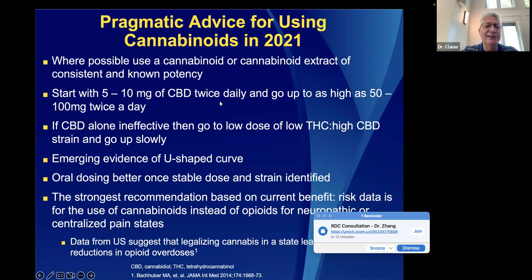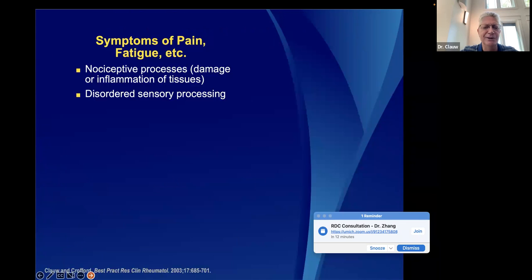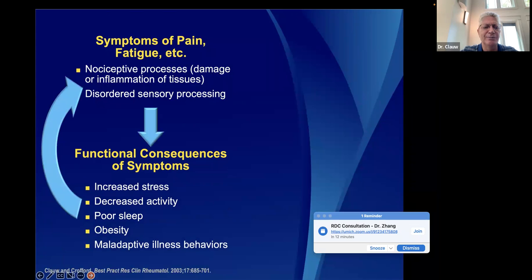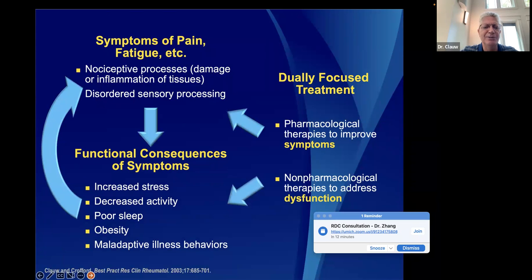The main side effect of CBD is cost. It's fairly expensive. And then only if CBD alone is ineffective, then add a little bit of THC. But again, a little bit of THC goes a long way. And as you go up on the amount of THC, you get less pain relief rather than more pain relief. And so I'm going to end by talking about how important the non-pharmacologic therapies, the so-called integrative therapies, are.